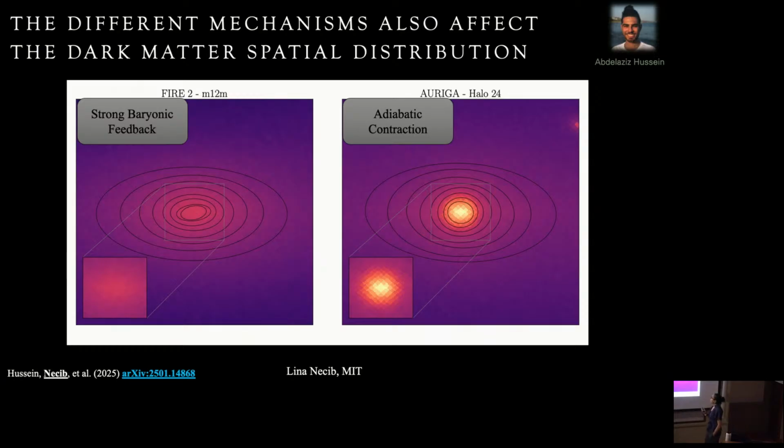What we found is that indeed that is true if you have adiabatic contraction, but it's not so true if you're pushed by strong baryonic feedback. You end up with dark matter in the inner part being distributed very close to the stars, which means that it's not an argument that you can just make as lightly, and it's something that we need to be taking into account.